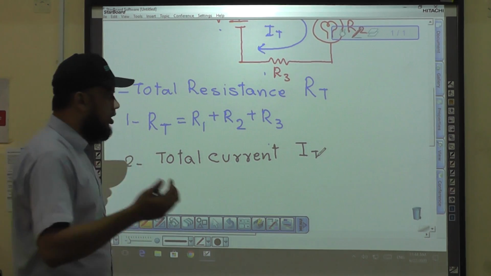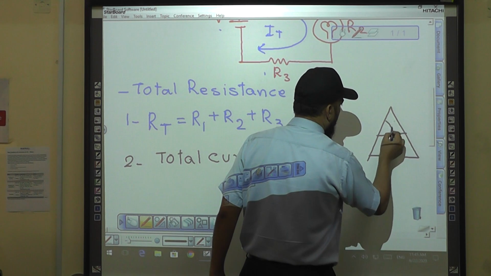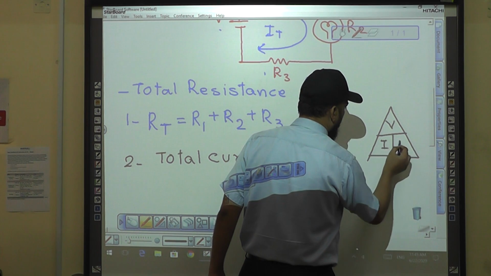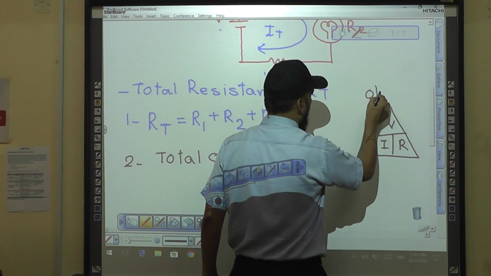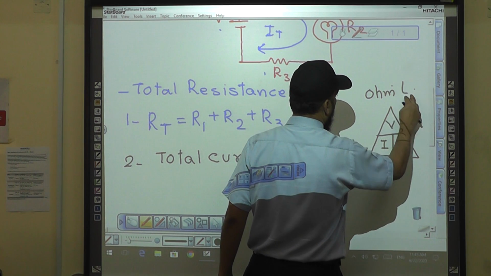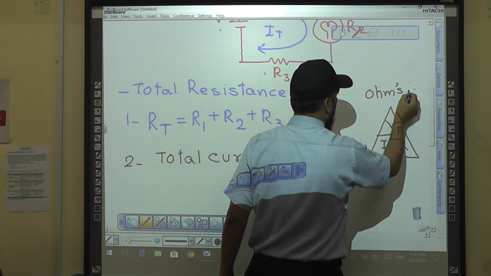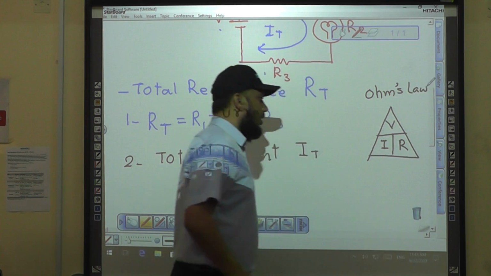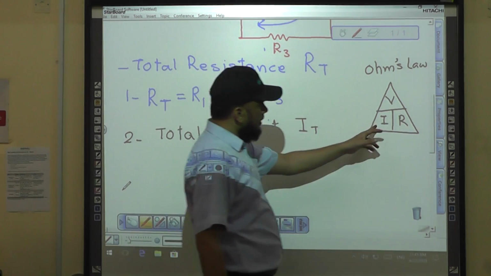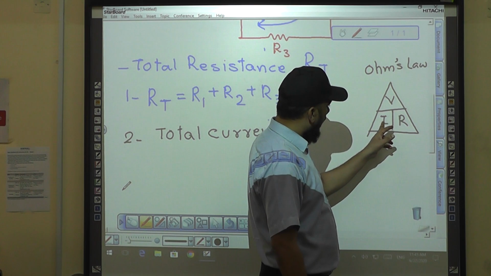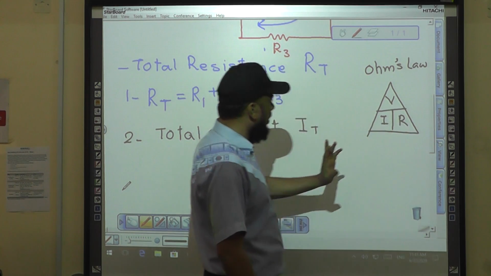As we know Ohm's law, the Ohm's triangle V, I, R. From Ohm's law, the current I is equal to V divided by R.